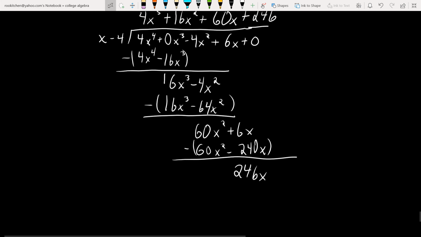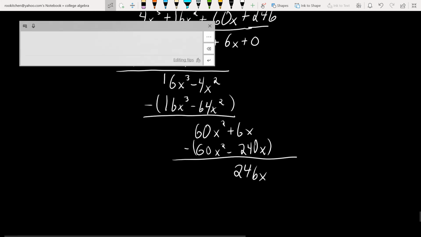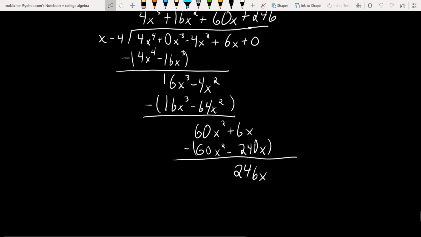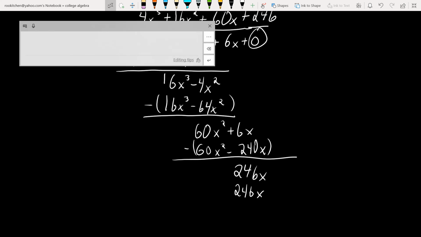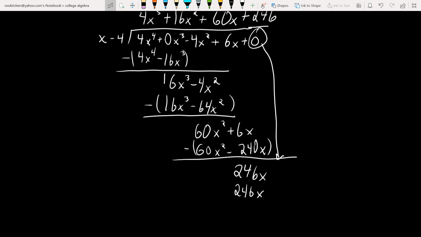246 times x is 246x, and of course you could bring down this plus 0, so you have a plus 0 there. 246 times negative 4 is negative 984.